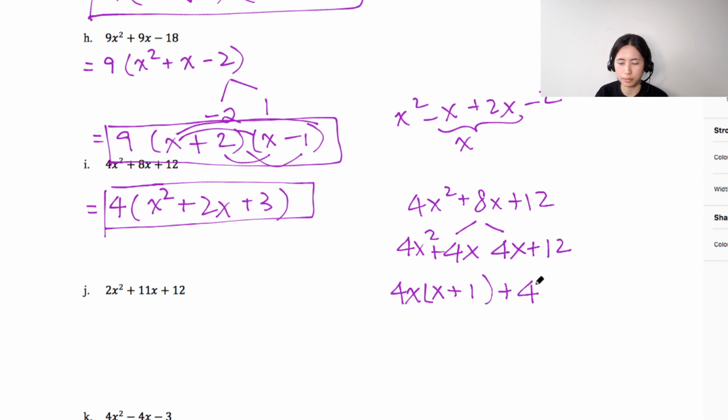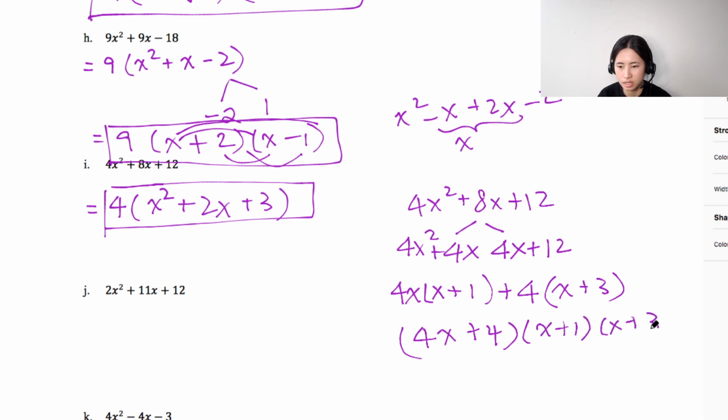If you factor out 4, you're going to get x plus 3. Yeah, it's not gonna work. You're going to have 4x plus 4, then x plus 1, then x plus 3. No, it's not gonna work for this one.